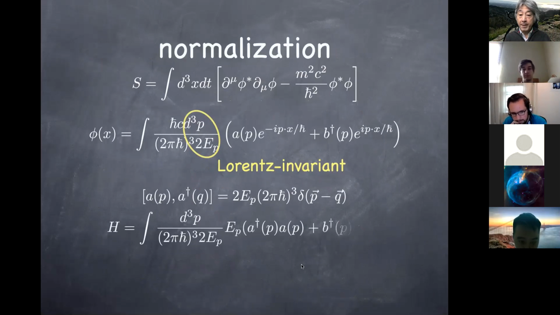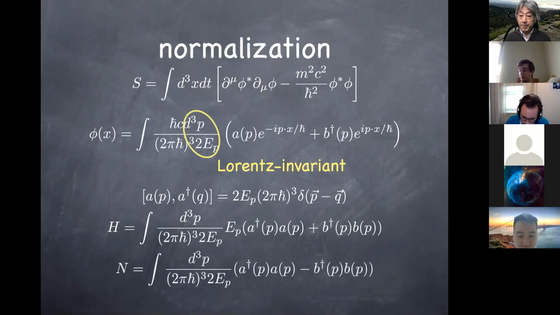We also made sure that A dagger A has the meaning of the number operator by looking at the Hamiltonian. Each mode gives you energy E_p. The A and B operators are two sets of commuting creation and annihilation operators, but they give you the same energy E_p, which in particular means that they have the same mass.